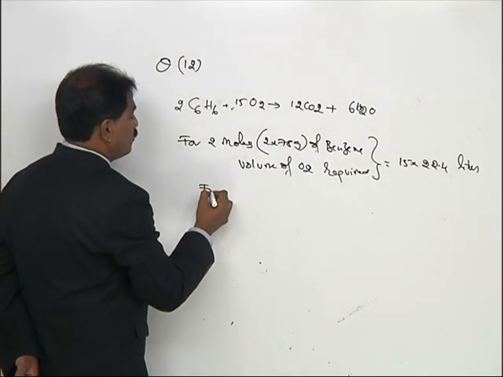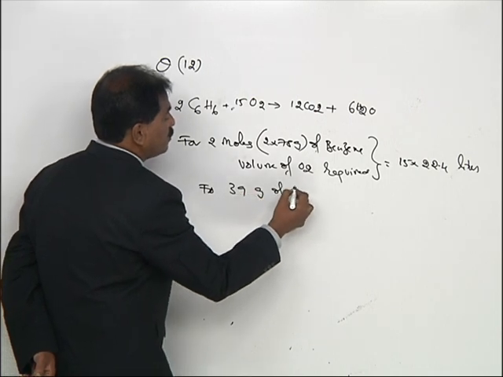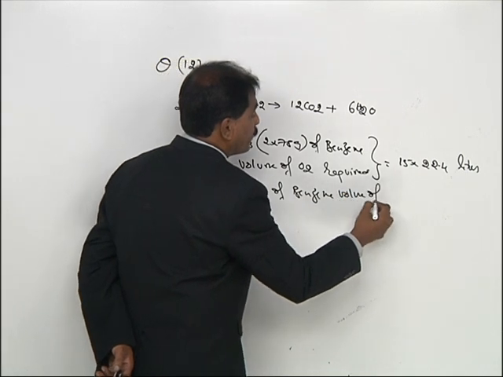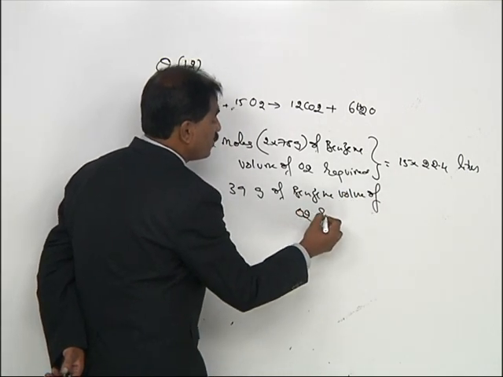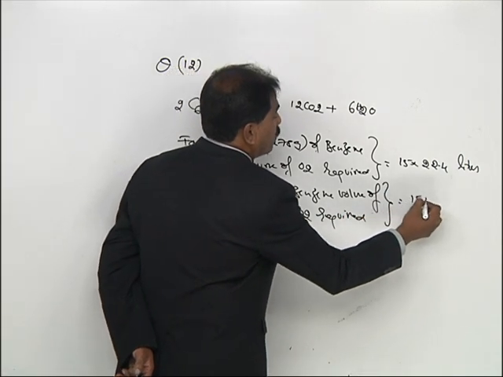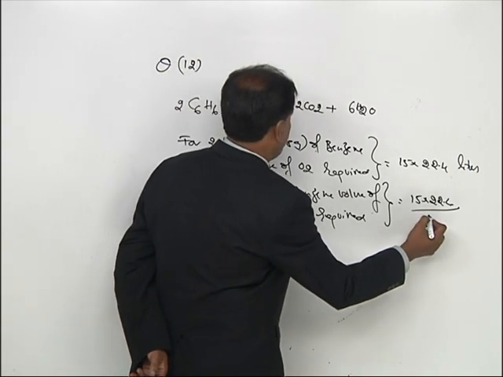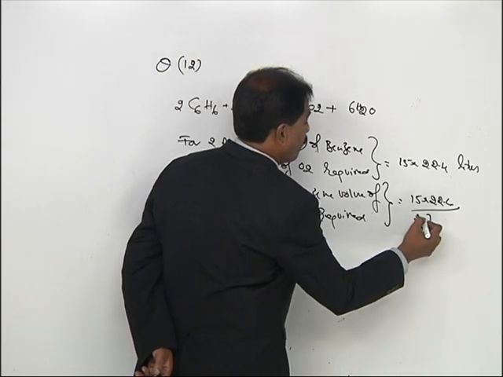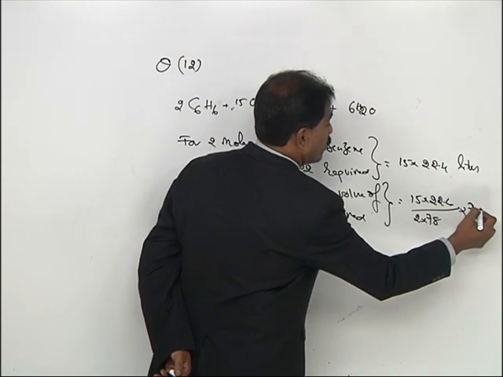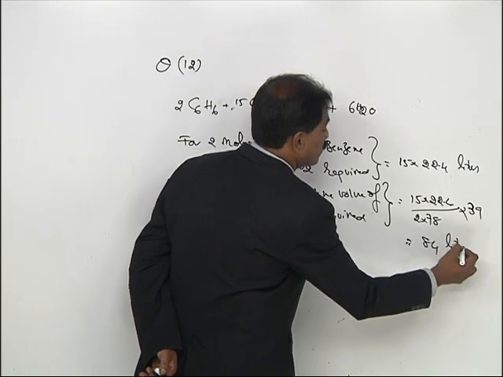Next, for 39 grams of the benzene, volume of O2 required. So we will get the 84 liters.